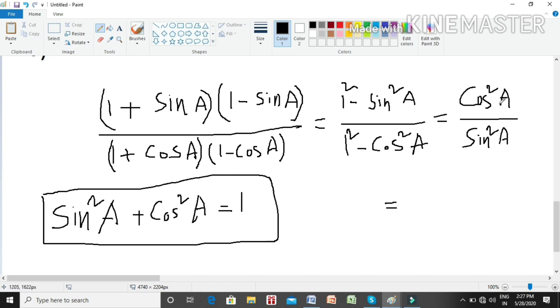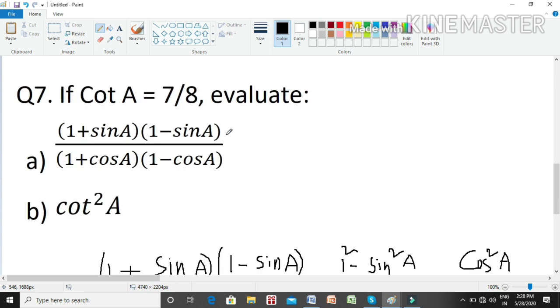Now let us find the value. cos square A by sin square A, that means the whole square of cos A by sin A, which is cot square A. That is the answer to this expression. Now we have to put in the value of cot square A, which is very easy because we know the value of cot A is 7 by 8.